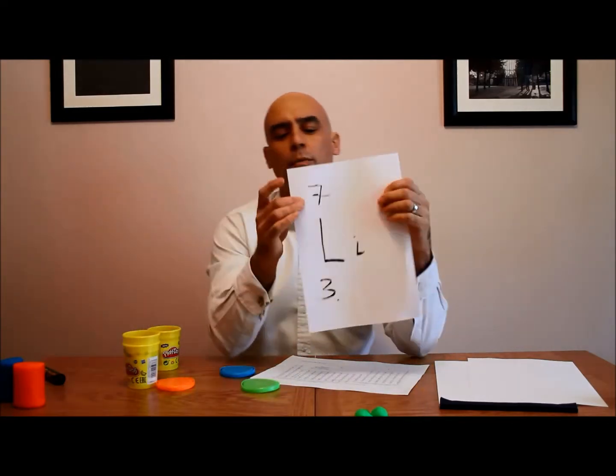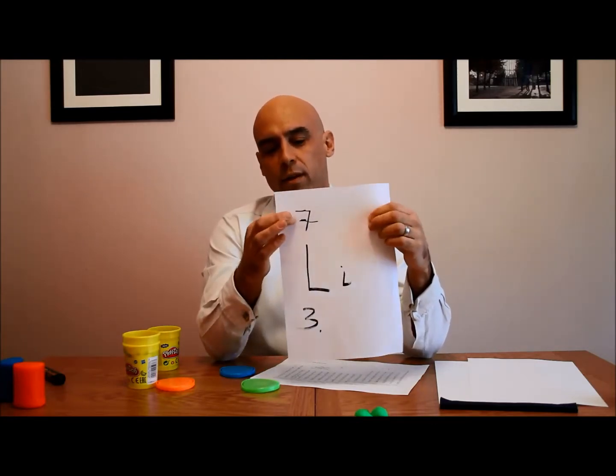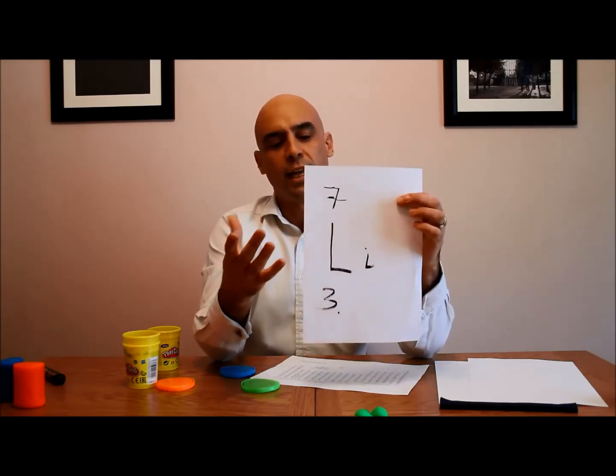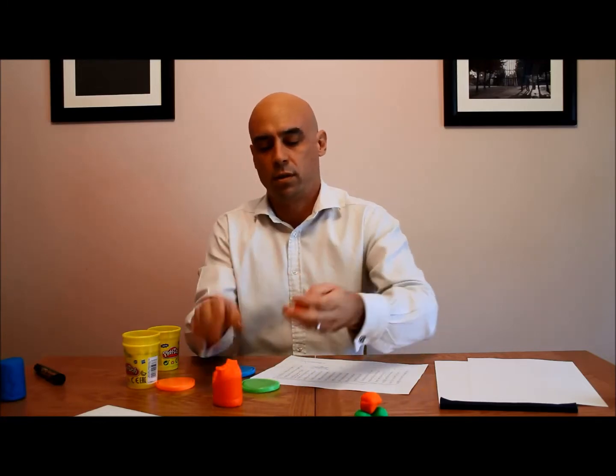Now, the number at the top is the number of protons and the number of neutrons together. So if you want to work out how many neutrons we need, it's 7 take away 3. So what we'll do is we will add our 4 neutrons, and these should be the same size as our protons.